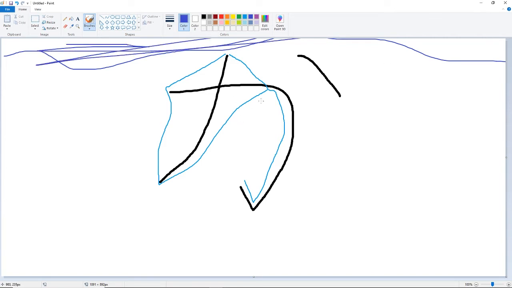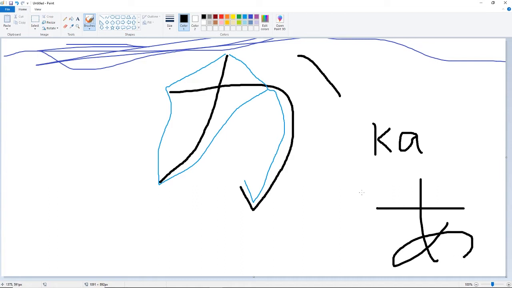Anyway, back to the topic at hand. Ka. Ka makes the K A sound. So if you remember, A is this, and it makes the A sound. Basically, you're adding a K in front of the A, so it becomes ka. Okay.